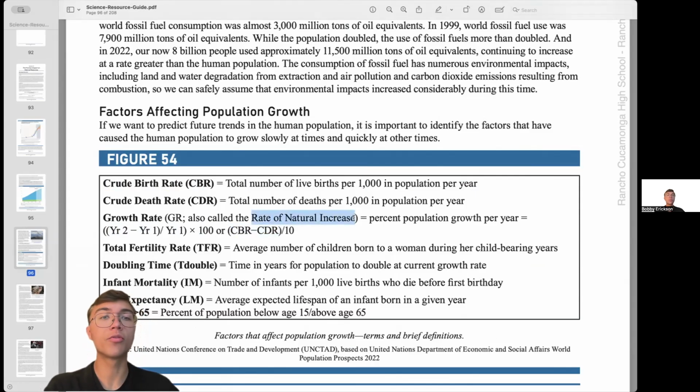Then we have total fertility rate, which is the average number of children born to a woman during her childbearing years. So, how many children are being born for a woman on average in the world, for example? Then we have doubling time. So, how much time will it take at the current growth rate for the population to double?